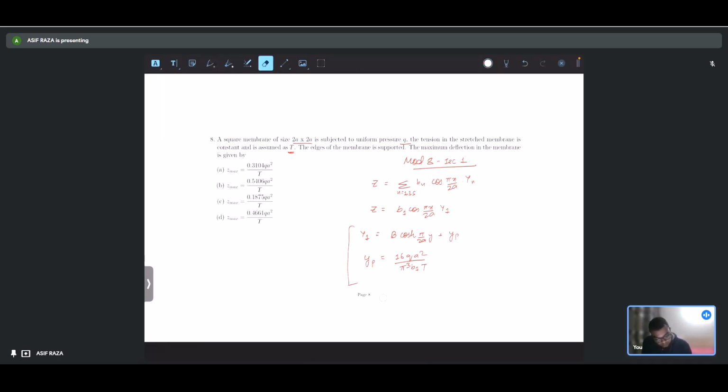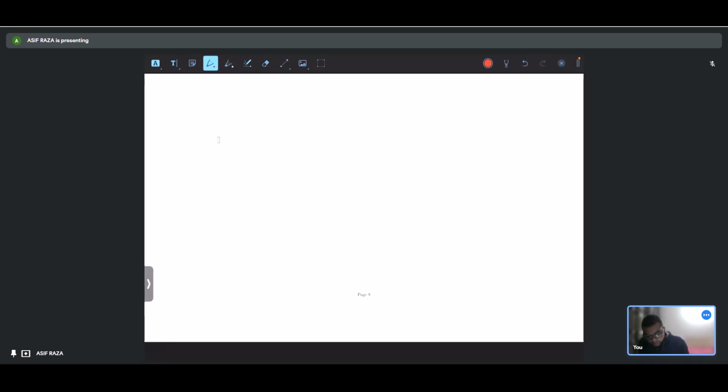If we substitute this, we have y1 is equal to b cos hyperbolic of (pi by 2a) y plus 16 q a square upon pi cube b1 t. Applying the boundary condition at y equal to plus minus a, y1 equal to 0.